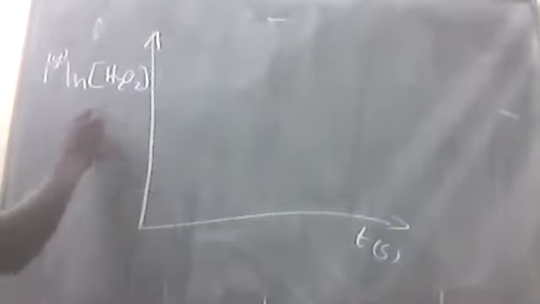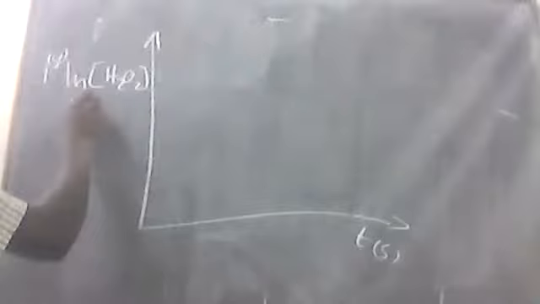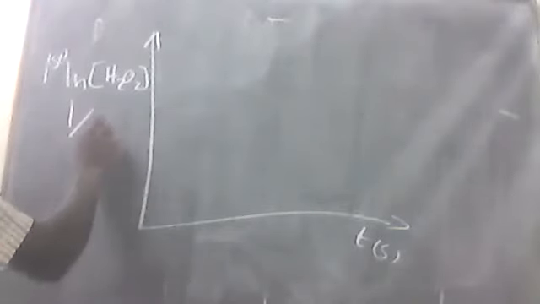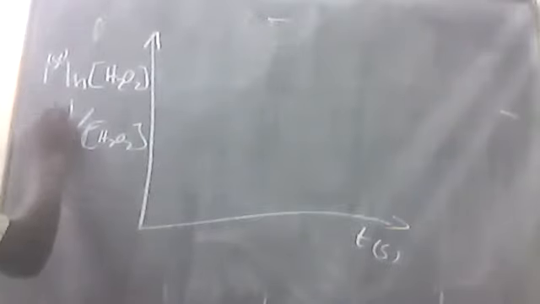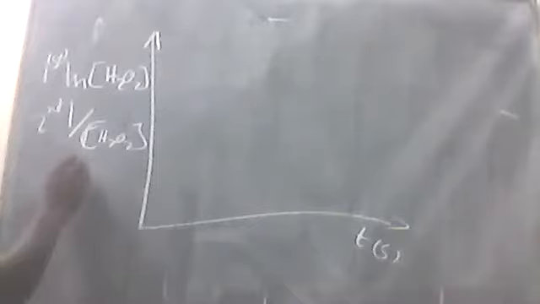For the second order, on the y-axis, we have 1 over the concentration of the peroxide. For zero order, we just have the concentration here, and this is time.